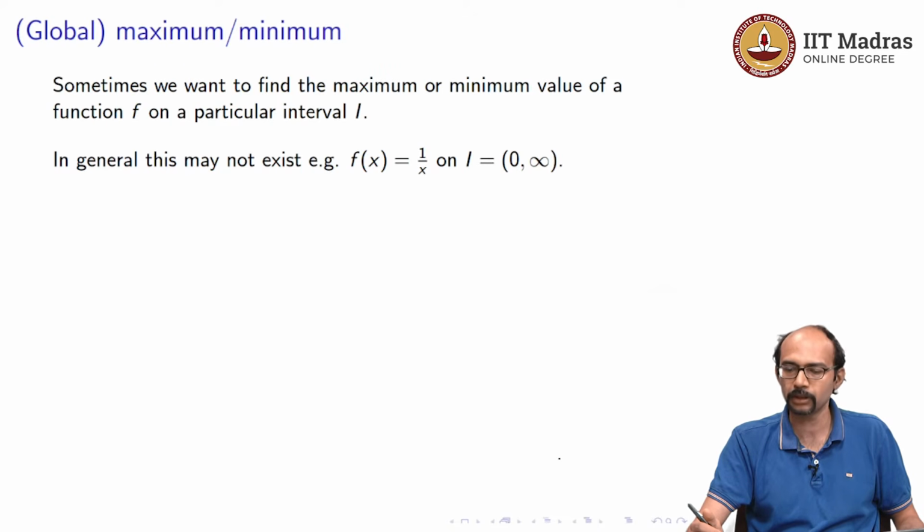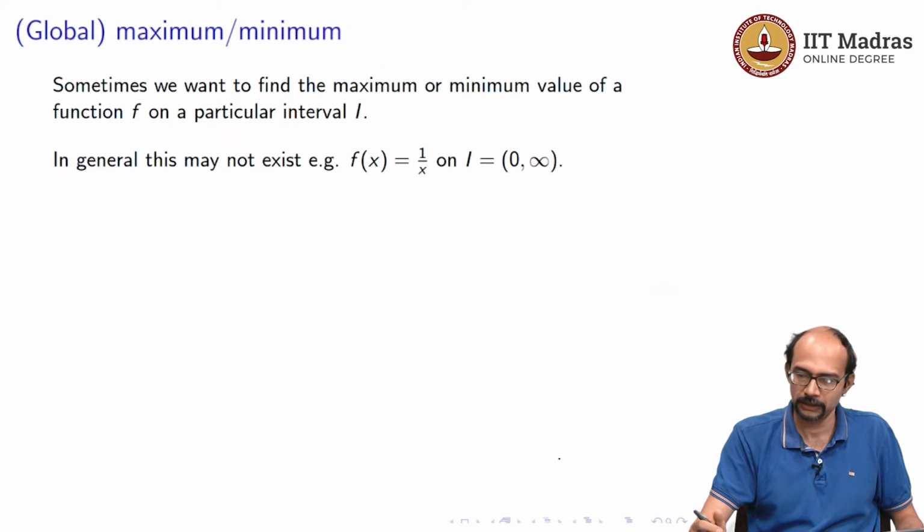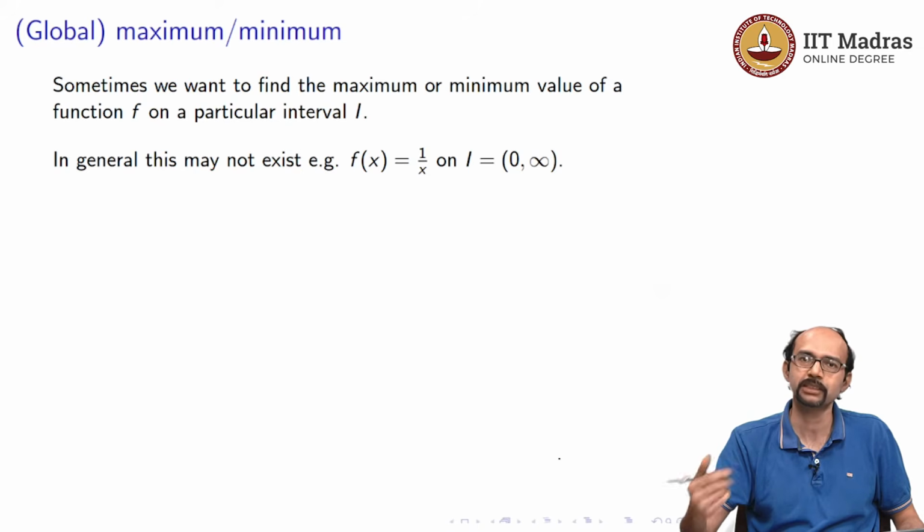Why is that? Because this function approaches infinity as you come close to 0, and it approaches 0 as you come close to infinity, but it never attains the value 0, nor does it ever attain the value infinity, obviously, because it is not a real number, and so it can never attain a maximum or minimum value.